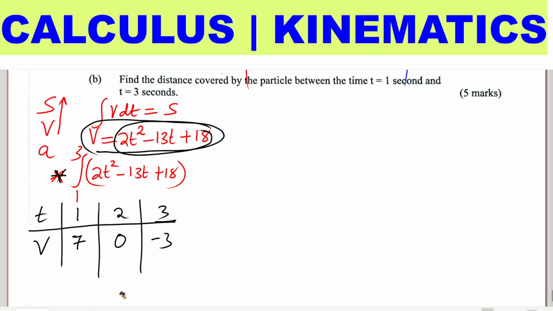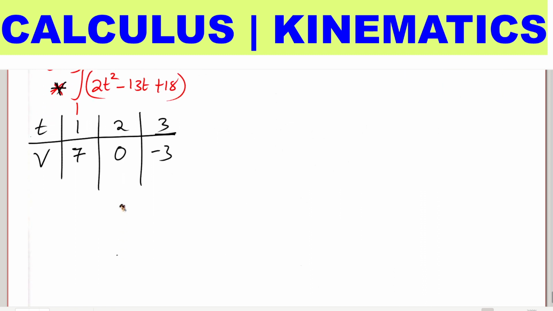Now when you draw a simple sketch, this being the y-axis, this is the x-axis. So you have 1, this is 2, and this is 3. For 1, you'll have a positive value when you sketch it. So 1, 7 will be somewhere there.